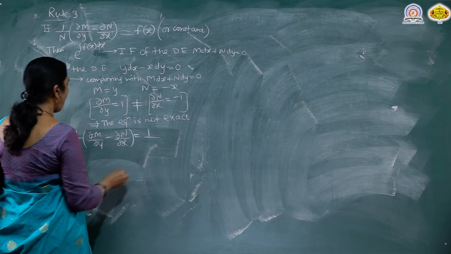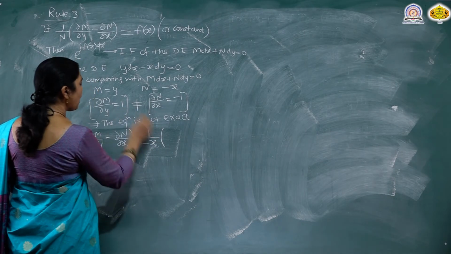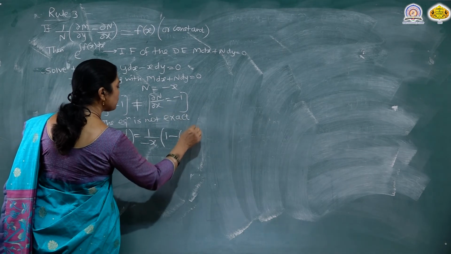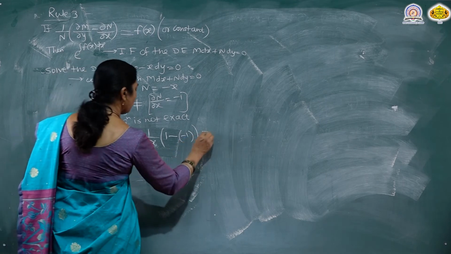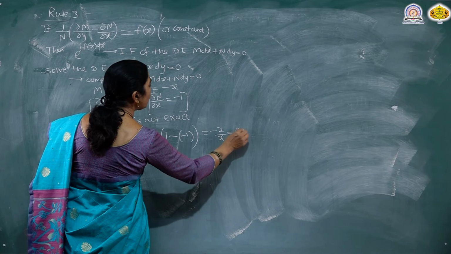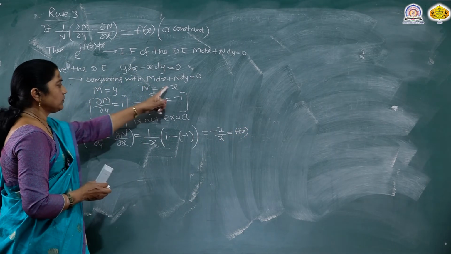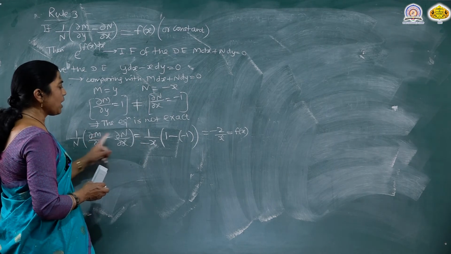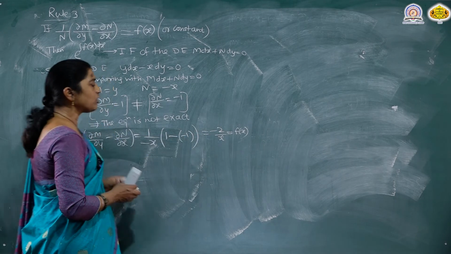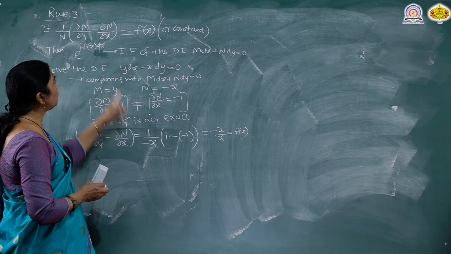This is nothing but 1 upon minus x into (1 minus (minus 1)), that is minus 2 upon x, which is a function of x only. We say this is f(x). So 1 upon N (∂M/∂y − ∂N/∂x) is a function of x alone, and therefore we are able to use this rule.